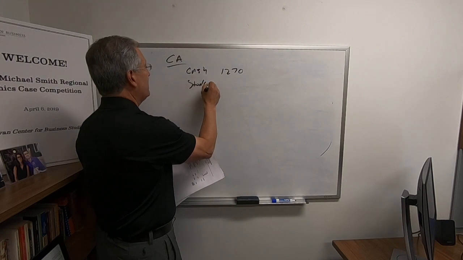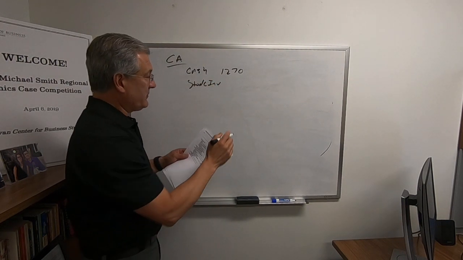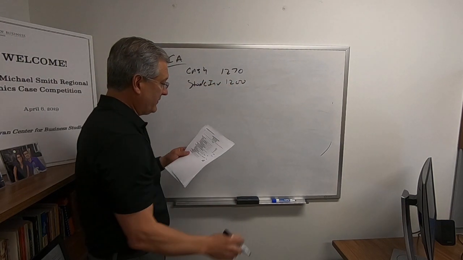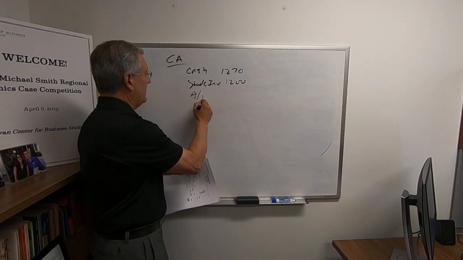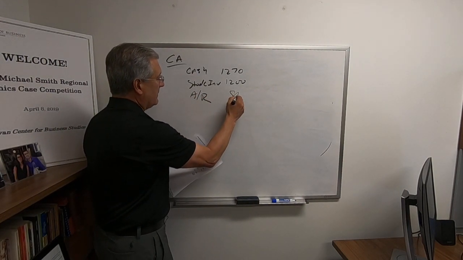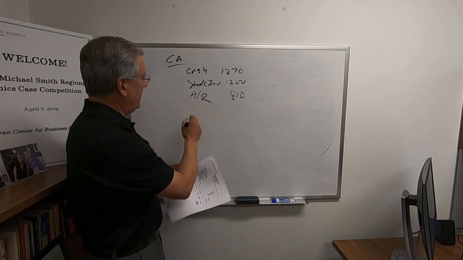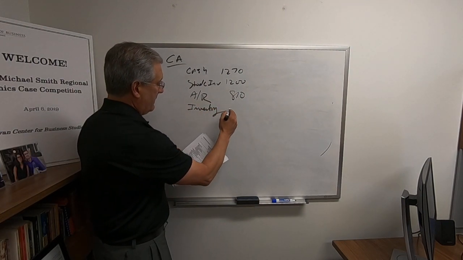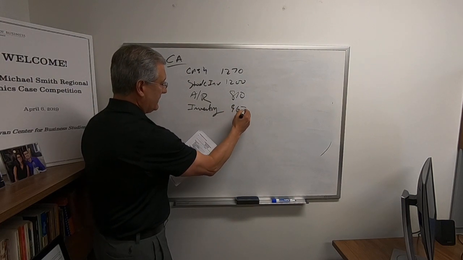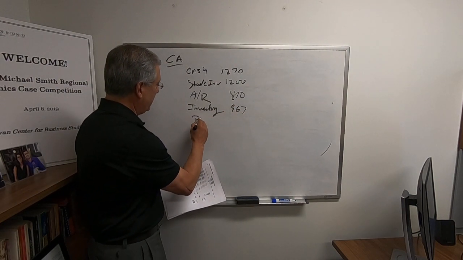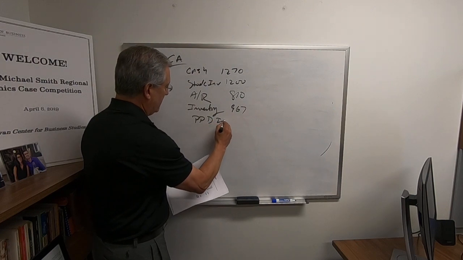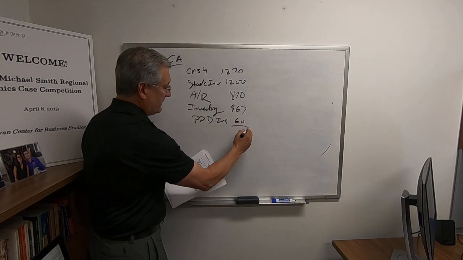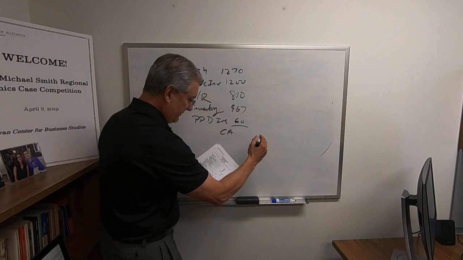Stock investments, which they say are short-term, 1200. Accounts receivable, 810. Inventory, 967. And prepaid insurance, $60.